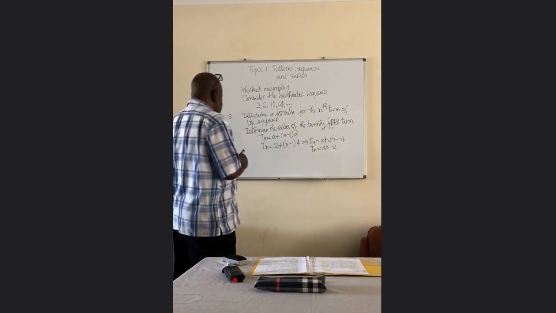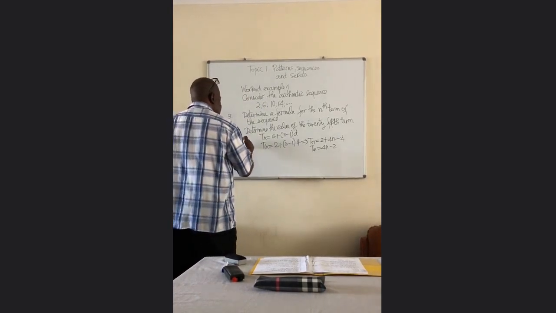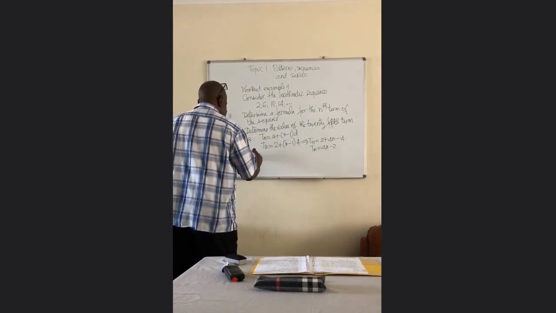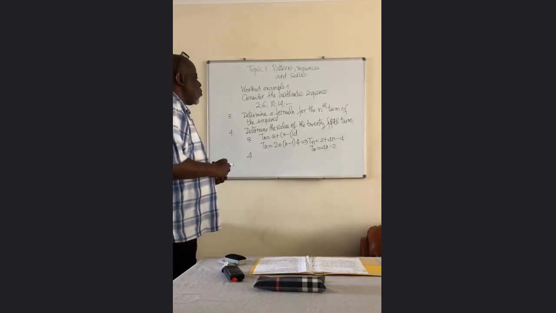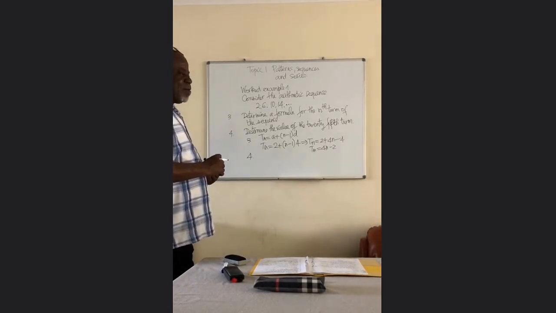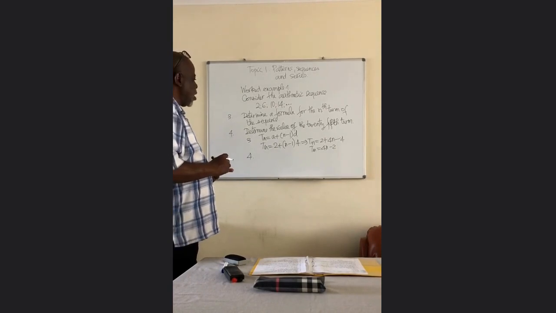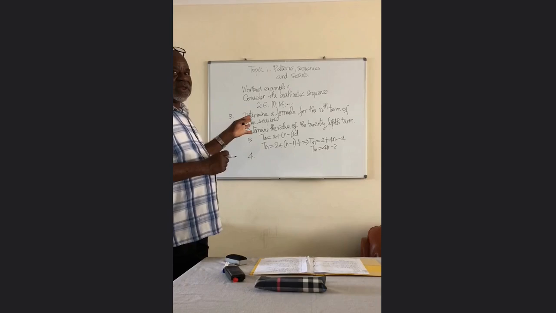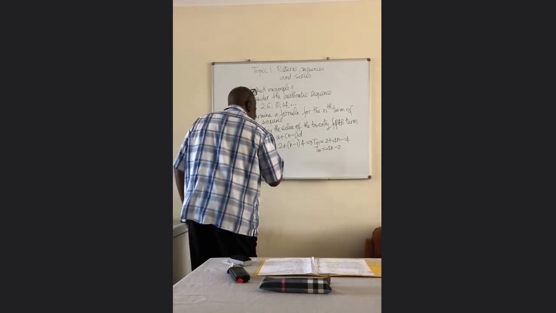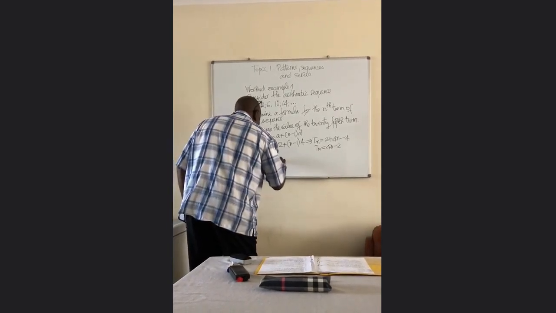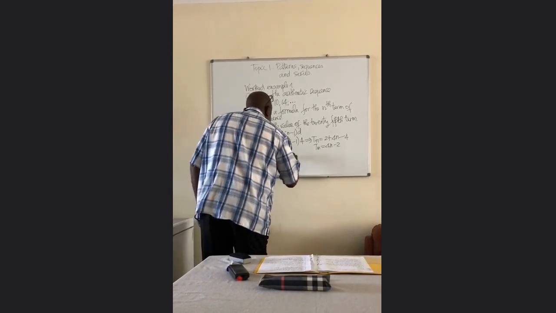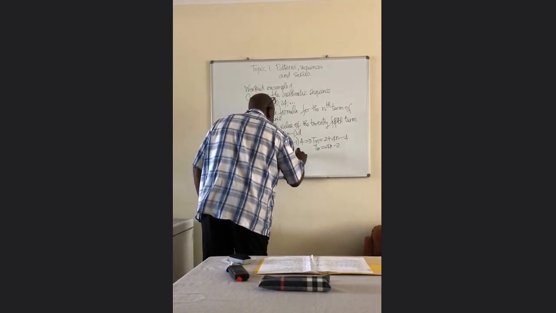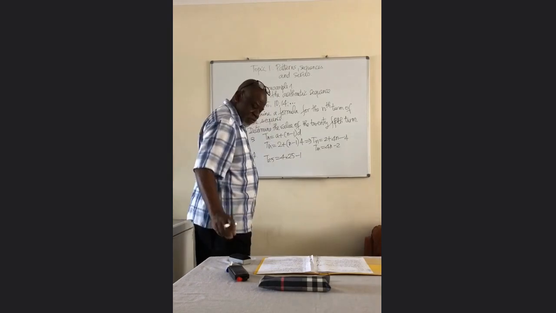The next question, question number 4: determine the value of the 25th term. So here we get T25. The position here is 25. So T25 will be equal to 4 multiplied by 25 minus 2.